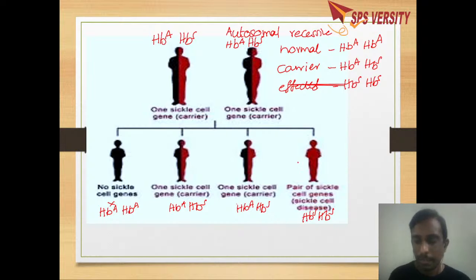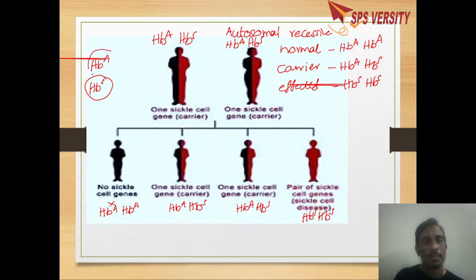If you write this with genotypes and crosses, the gametes of HBA, HBS will be HBA and HBS, so we get 2 types of gametes. Here also HBA, HBS, 2 types of gametes.